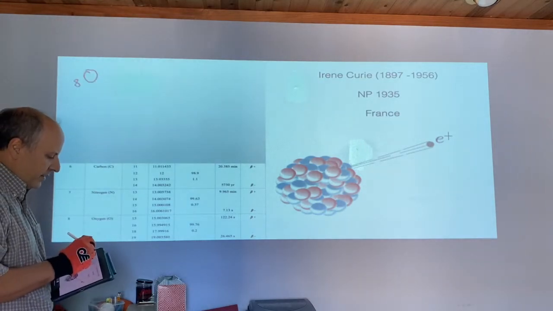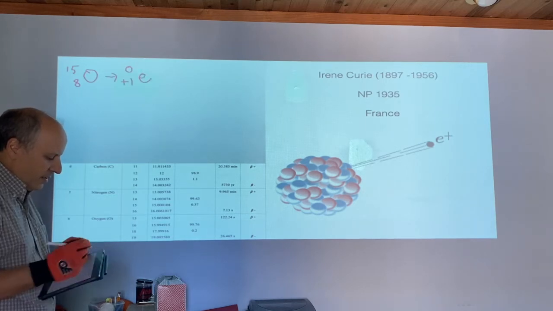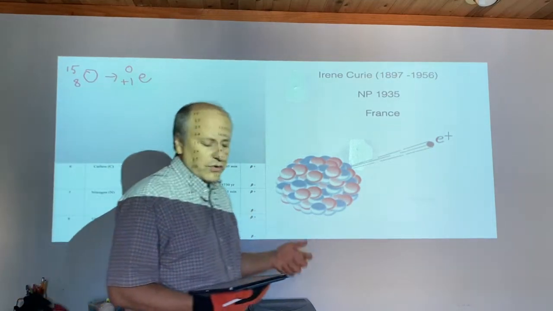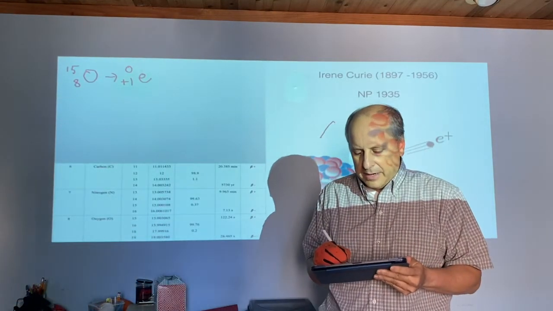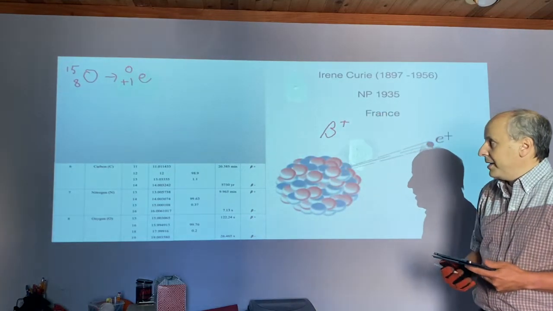So oxygen-15 gives off a positive electron. Again, it's called a positron. The symbol again is beta positive. Okay, the beta with a plus sign on it.